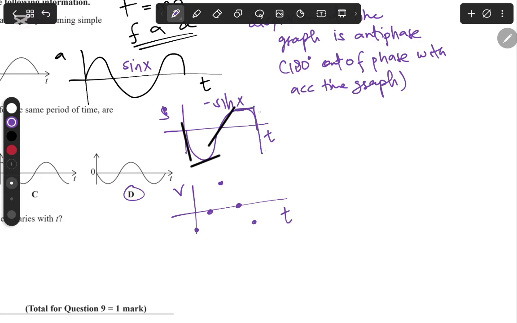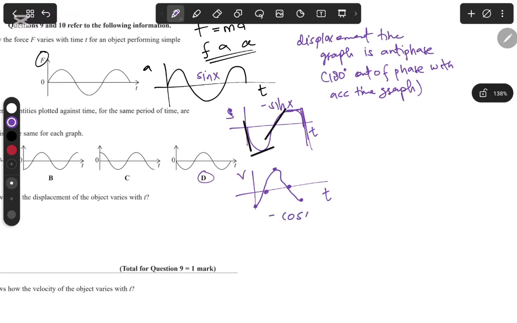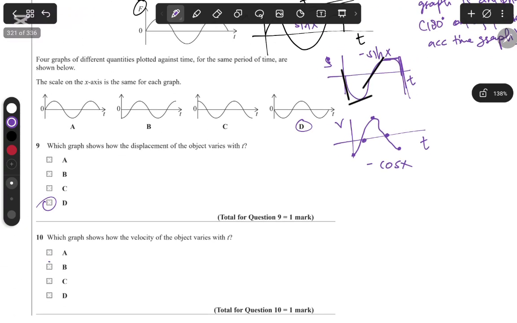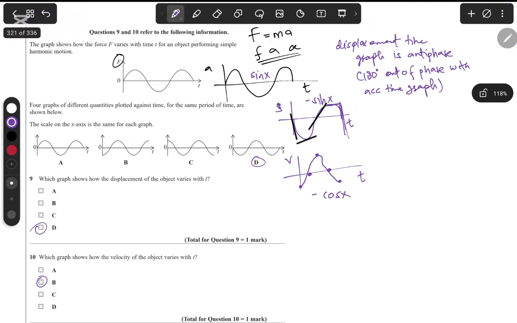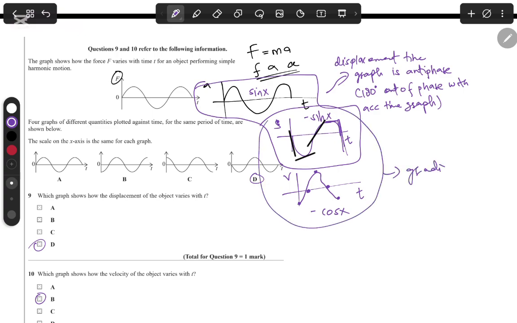It's going to look something like this, which is a minus cos x graph, and that would be B. With acceleration time and displacement time graphs, you use this anti-phase relation, and with displacement time and velocity time graphs, you use their gradient relationship. The gradient of the displacement time graph is the velocity. I hope that's clear, and now I will show you the mark scheme and the examiner report.